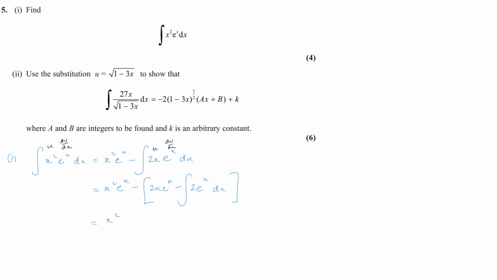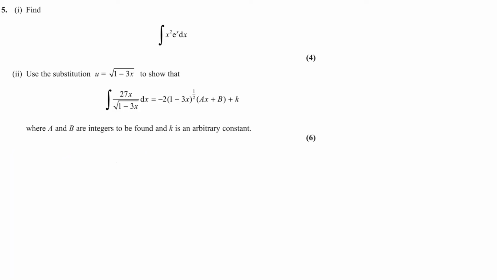So this is now x squared e to the x minus 2x e to the x minus 2e to the x plus c. Oh, sorry, this is a plus, isn't it? Because it's minus and minus. And then that's it. Part 1 is done.